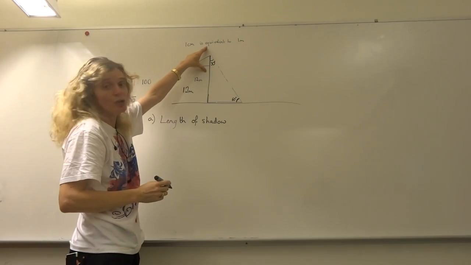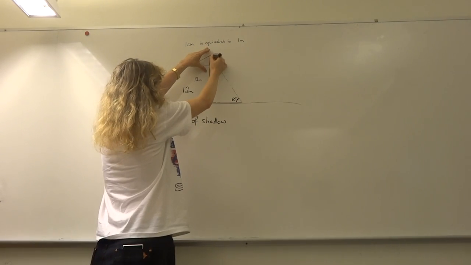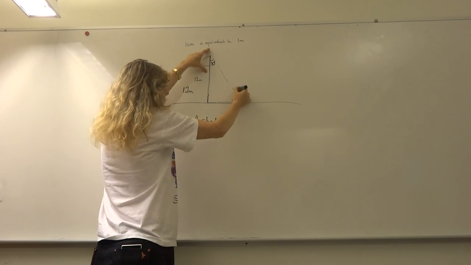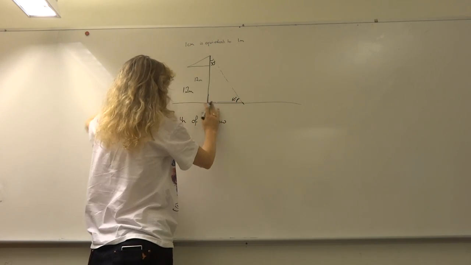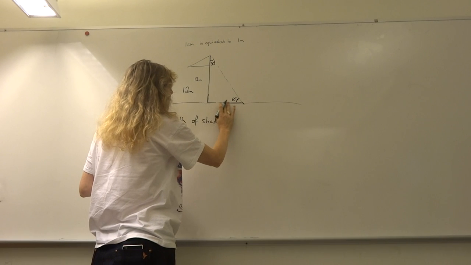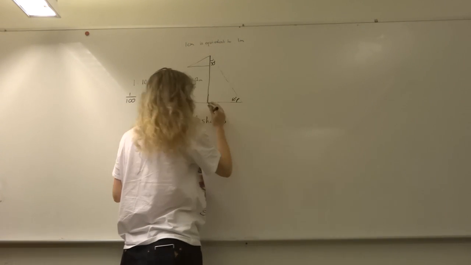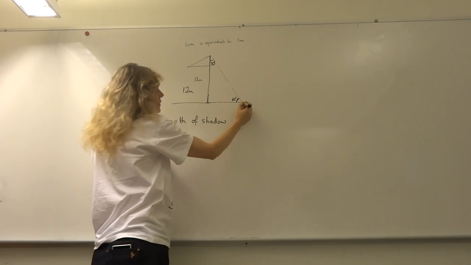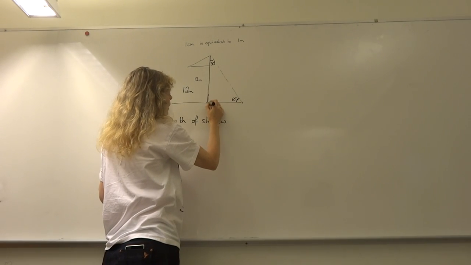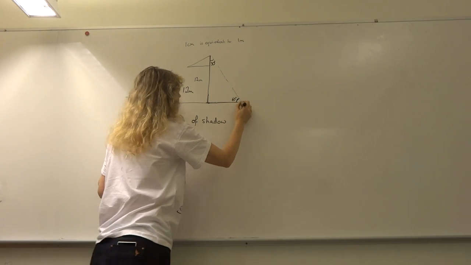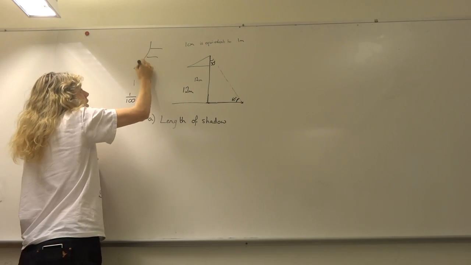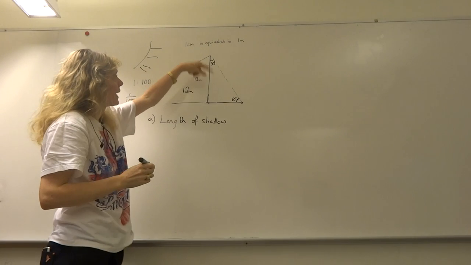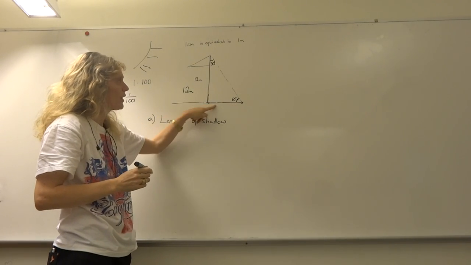So you put your protractor up here, measure a 30-degree angle, and then you draw a line down until it crosses your horizontal ground. So here's your ground. And when it crosses the ground, this would be where the shadow of your flagpole would be. The sun is up here, shining onto your flagpole and giving a length of a shadow.